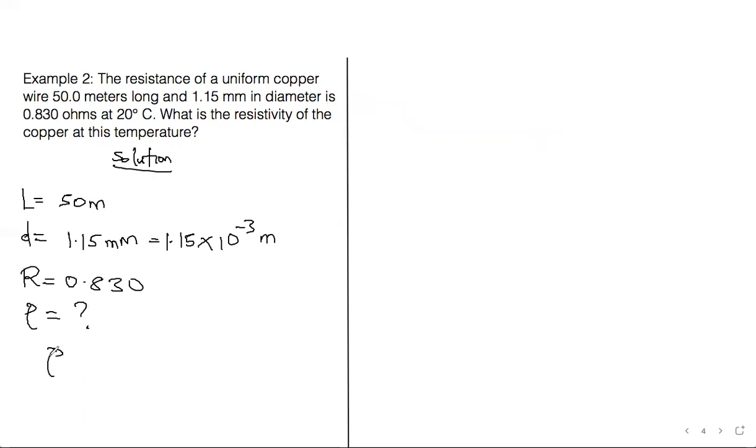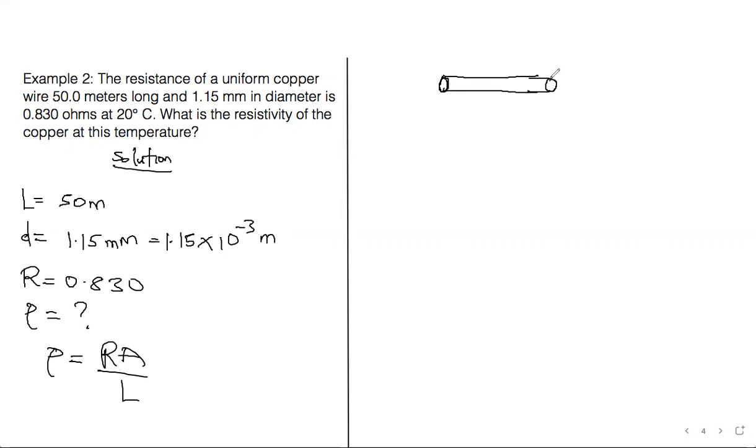So you have to find the resistivity here. Now you recall the formula for resistivity is R A over L. So let's substitute what we have. Rho will be R times A over L. But now we don't have A, we have diameter. So let's first calculate the cross-sectional area. Because the wire is like this, we have a circular cross-section. If you are holding a wire and you look at the cross-section, you see a circle.